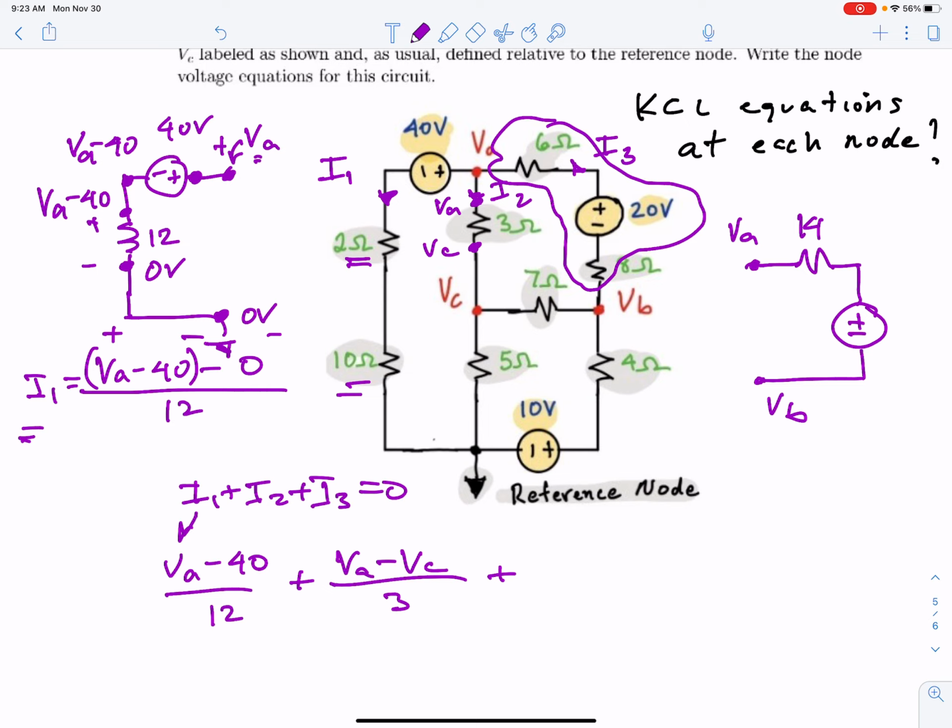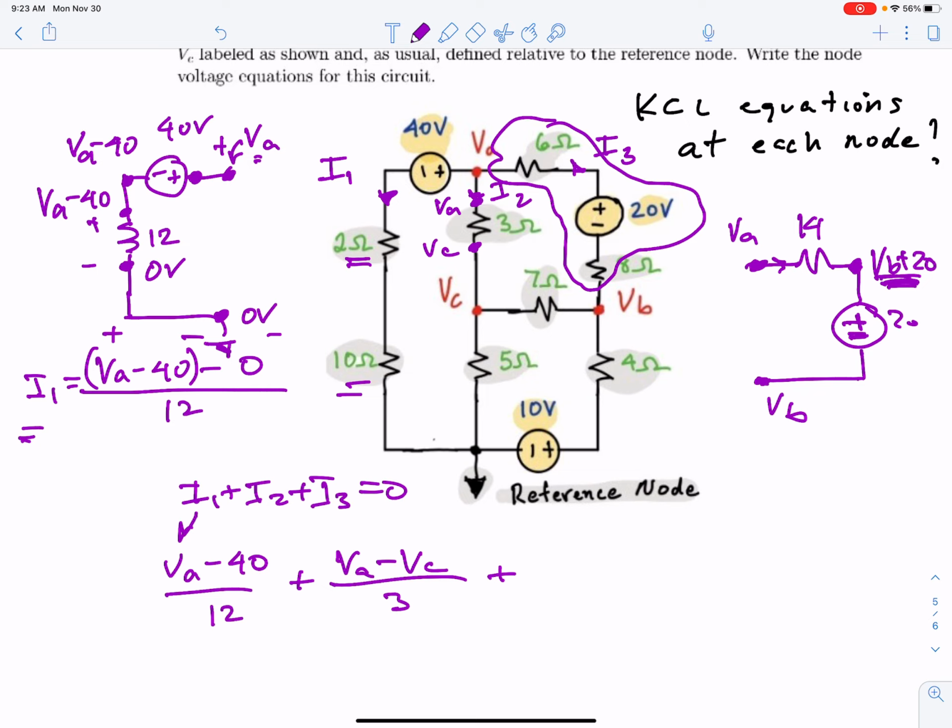So what would this current be? Well, you push the dots. If this is VB, then on the other side here it would be VB plus 20. Here's this dot, that's at VB; I go minus to plus, and I get VB plus 20. Now I have two dots on either side of an equivalent resistance, so I can calculate the current.